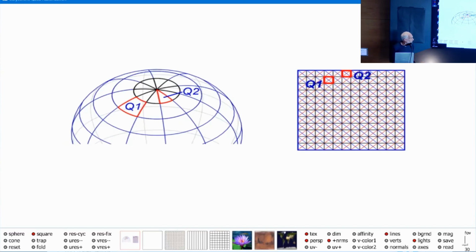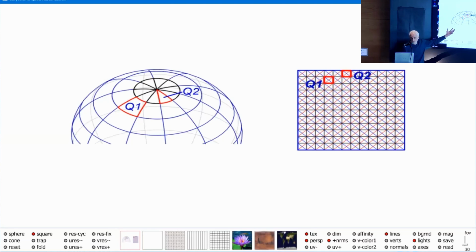What should be readily apparent, I'm sorry the image was cut off here, is that near the equator the quadrilaterals are pretty square, but as you move towards the pole, the quadrilaterals become trapezoidal, and then have a vanishing upper edge. So the quadrilateral, in effect, is a triangle at the pole.